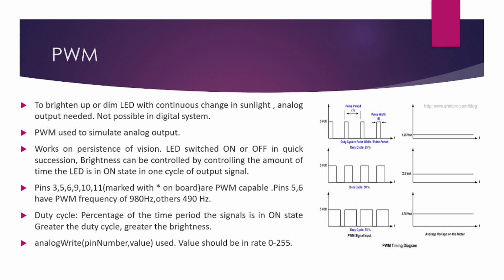If an LED is switched on and off in quick succession, brightness can be controlled by controlling the amount of time the LED is on in one cycle of the output signal. It is used to control the brightness of the LED. I am not going to explain much about this here. I will explain all in the demo session of the project.